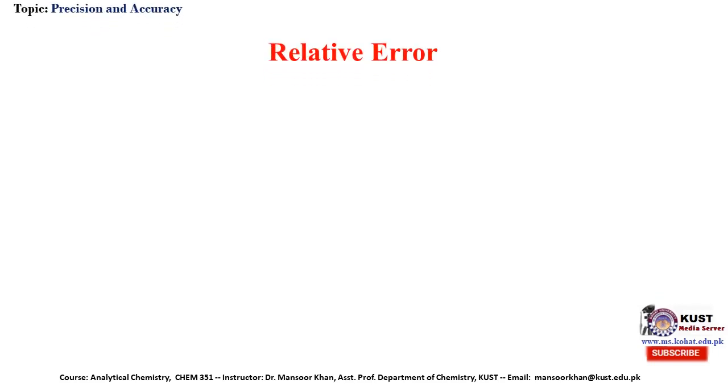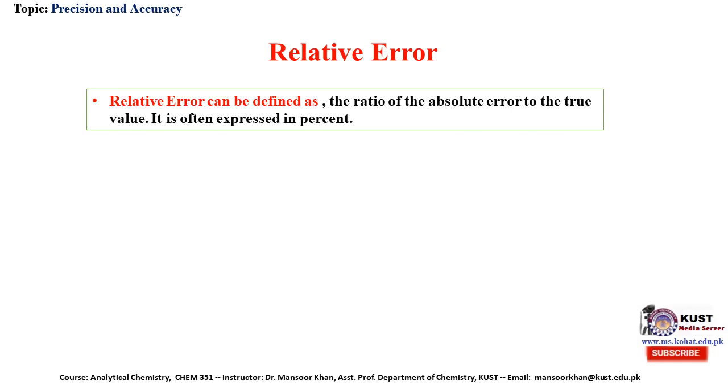The second one is relative error. Relative error can be defined as the ratio of the absolute error to the true value. It is often expressed in percent. Relative error is obtained when we divide the absolute error by the true value, then multiply by 100, or multiply by 1000.